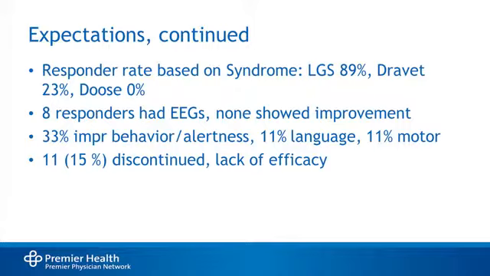The parents reported a third of the patients improving with respect to behavior and alertness. 11% were reported to improve in their ability to use language, and 11% were reported to improve in their motor skills. 11 of the patients, 15%, were discontinued due to lack of efficacy.